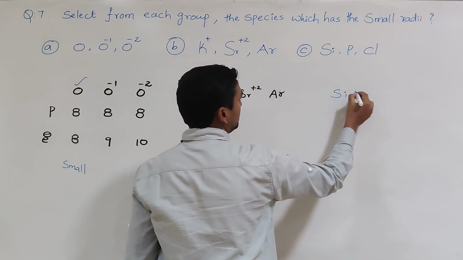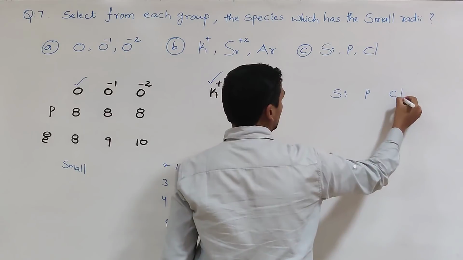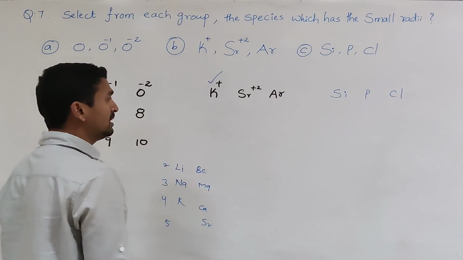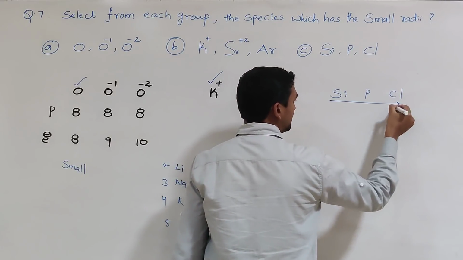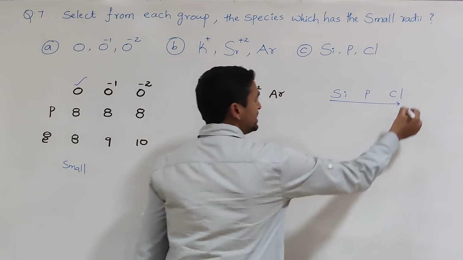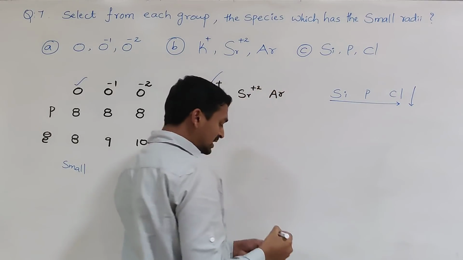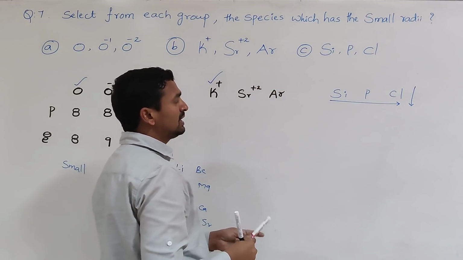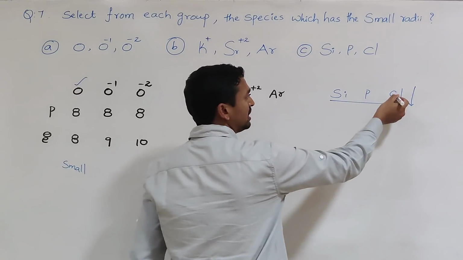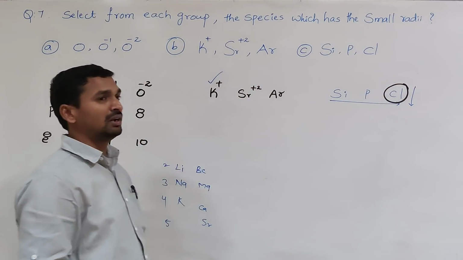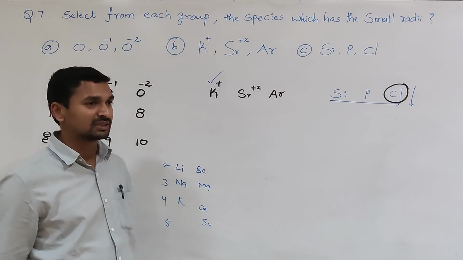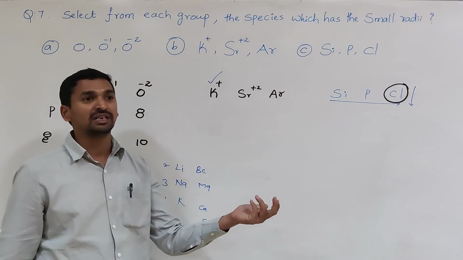Silicon, phosphorus and chlorine all belong to the third period. As we move from left to right in a period, the atomic radii decreases. So silicon is larger in size, chlorine is smaller in size. That's why among silicon, phosphorus and chlorine, chlorine is smaller in size. Like that, we can identify which is larger and which is smaller.